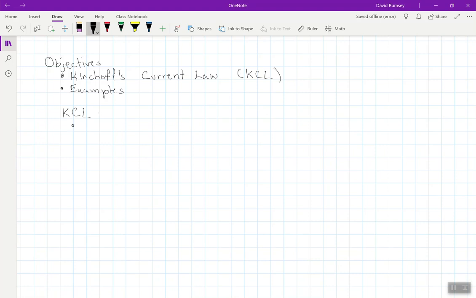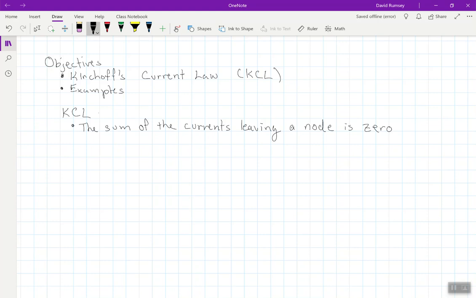The way I like to phrase it here is that the sum of the currents leaving a node is 0.